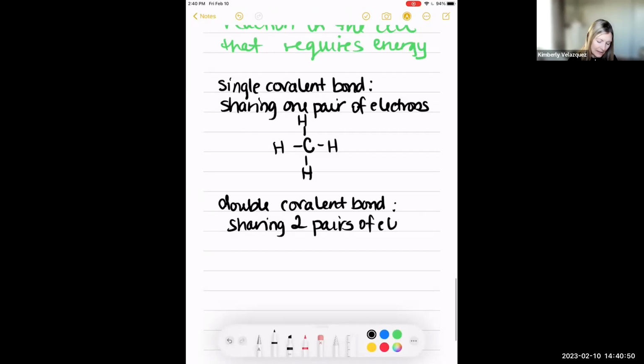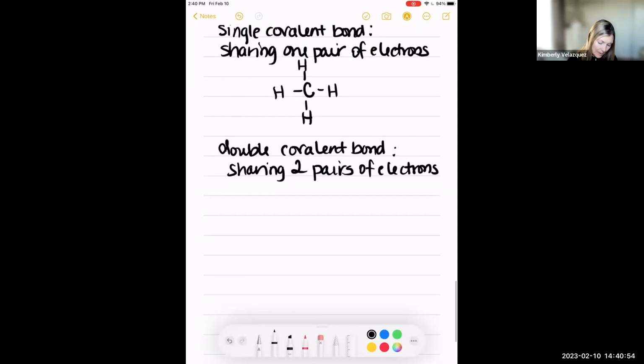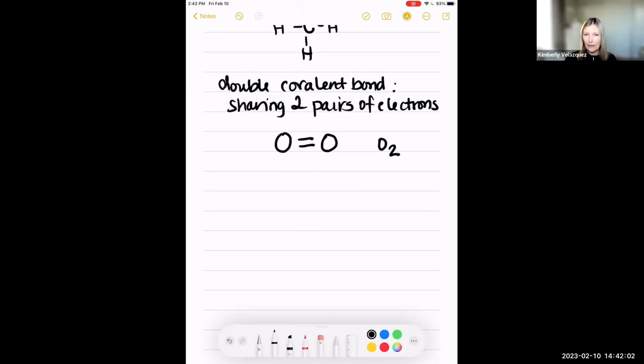And you saw that double bond in the glucose molecule, but oxygen is also double bonded to oxygen to form O2. And lastly, a triple covalent bond is sharing 3 pairs of electrons. And that's the most 2 atoms can share.